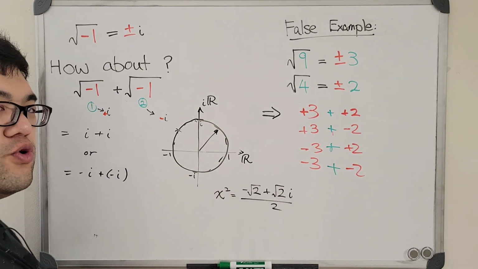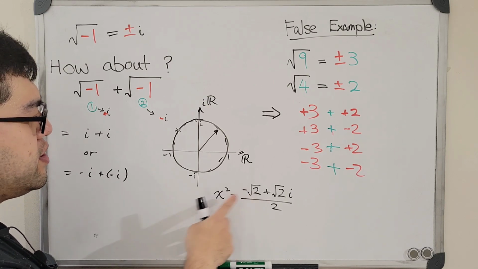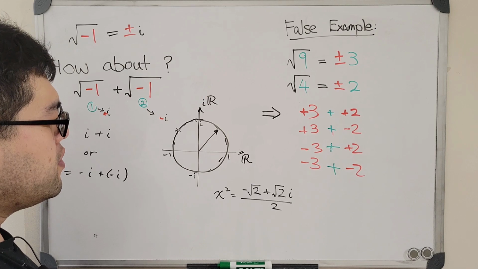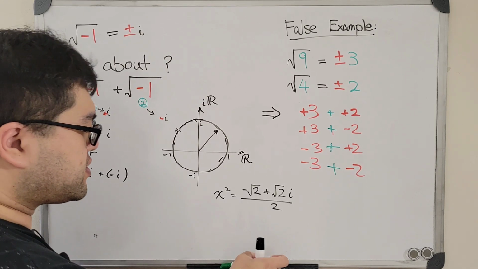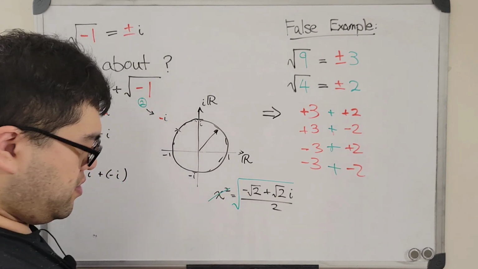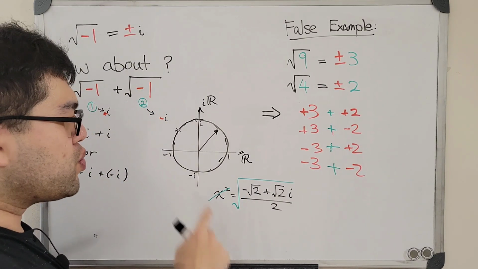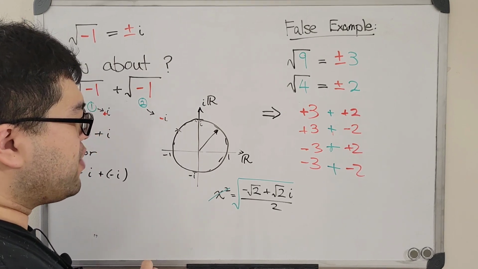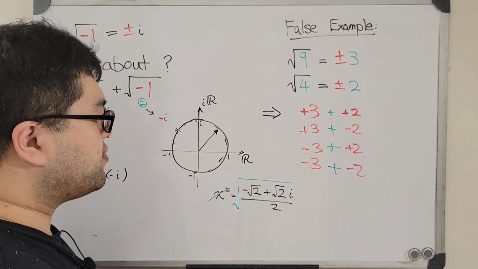And if we try to solve this equation by taking the square root, we should end up with 2 results. But if we try to use this symbol here, the square root, we need to decide which one we're going to refer to. And that will be what we call the principal value.